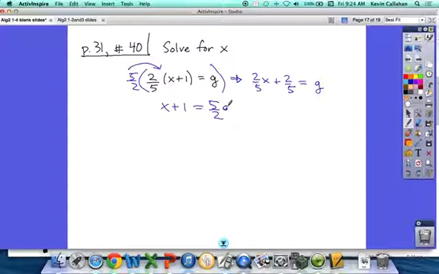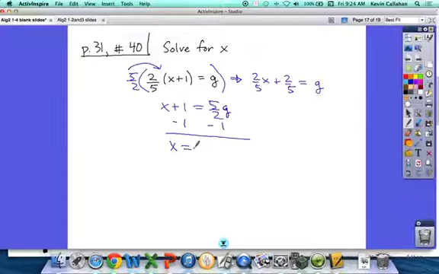Five halves times g. Okay, then you still have one more step, which is minus 1. Now, how are you going to simplify 5/2 g minus 1? Can you combine them? No, they're not like terms.